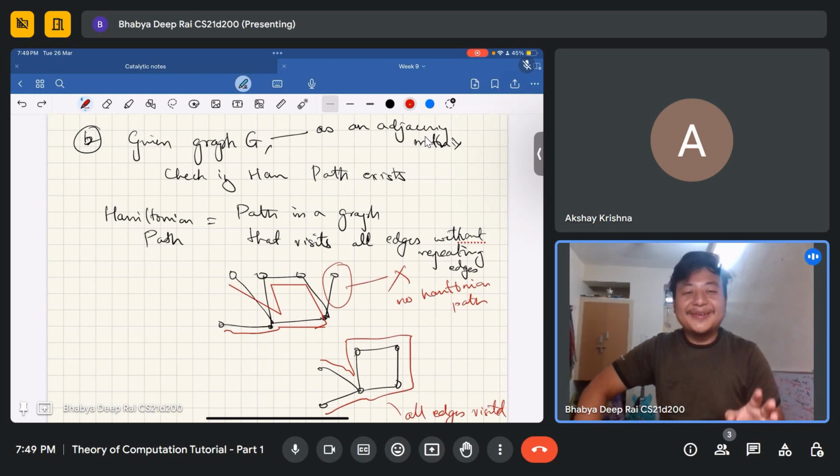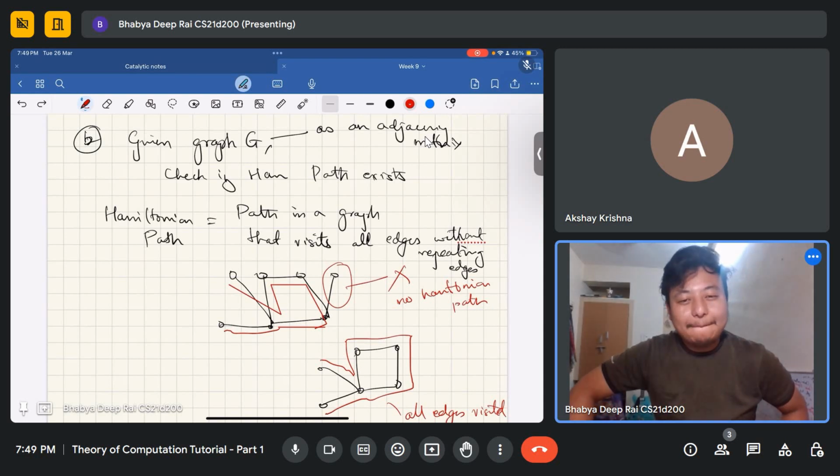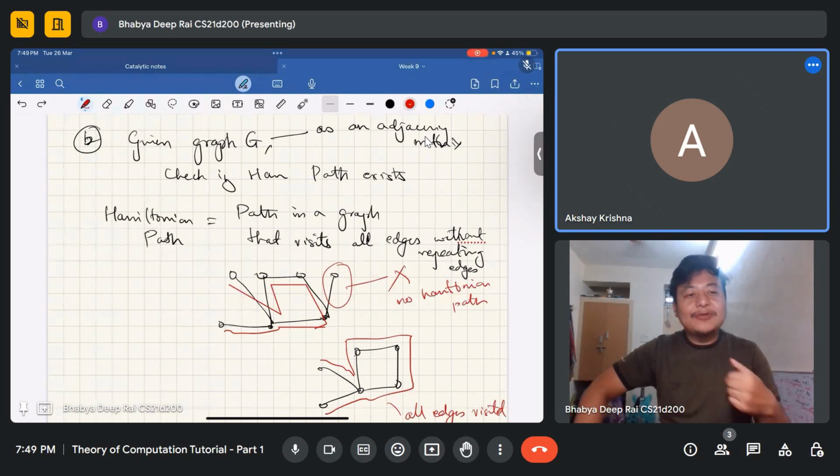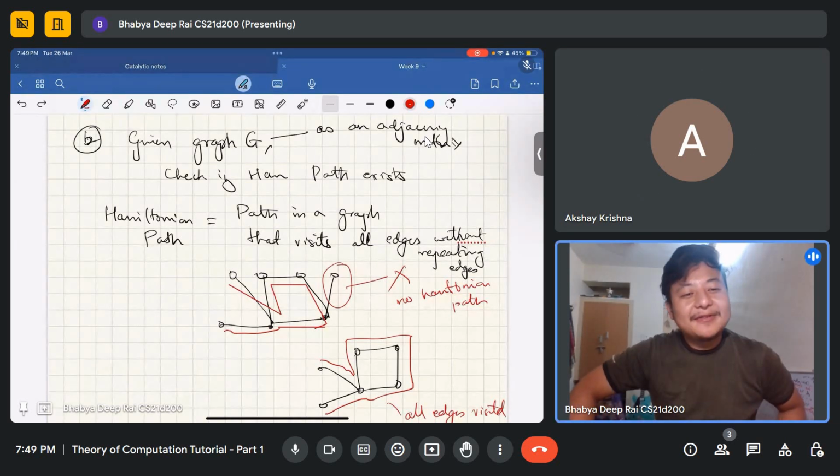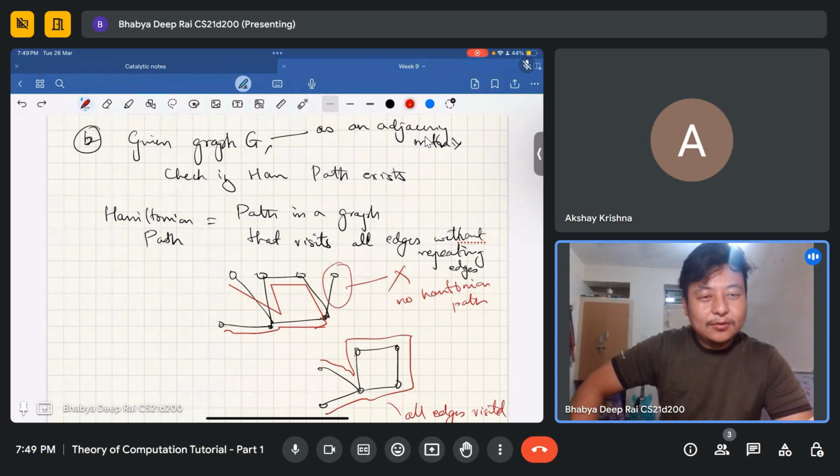I can verify if the edges are not repeated, but you still need to tell me where I should check, right? So what will you give me? You will give me the path itself. If you know that the Hamiltonian path exists and you know where it is, you'll give me the path itself.